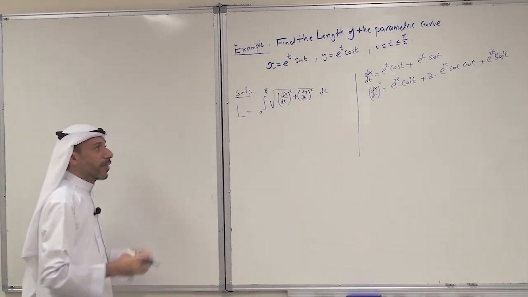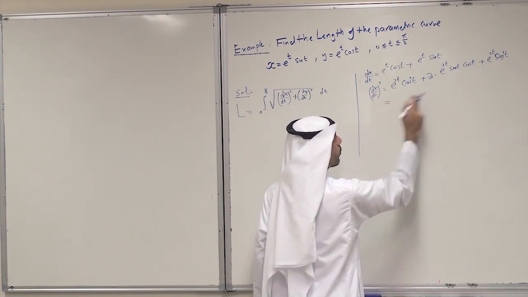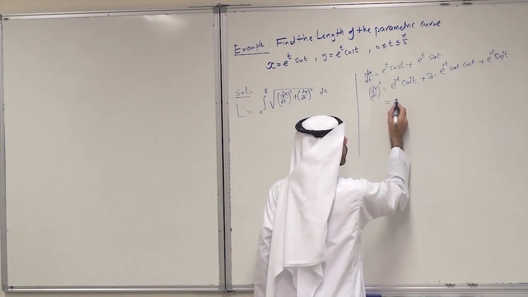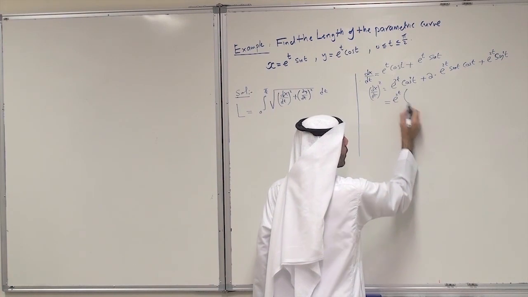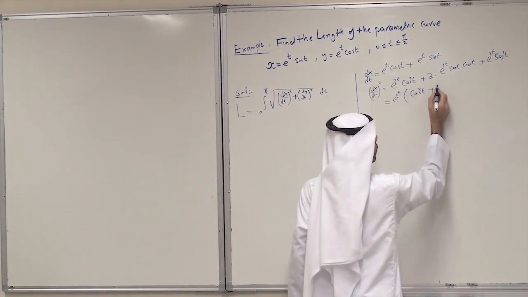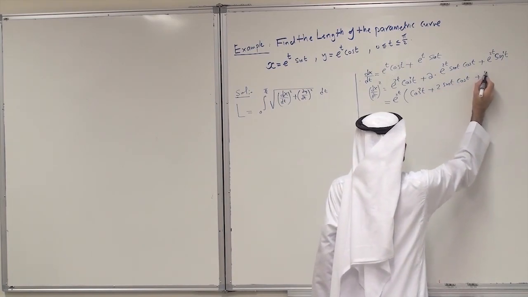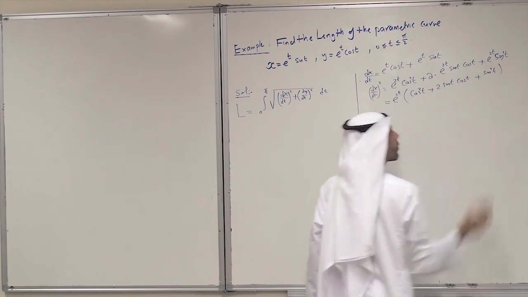It is better to simplify this long expression, and you notice the following. You have e to the power 2t as a common factor. What remains is cosine squared t plus 2 sine t cosine t plus sine squared t.